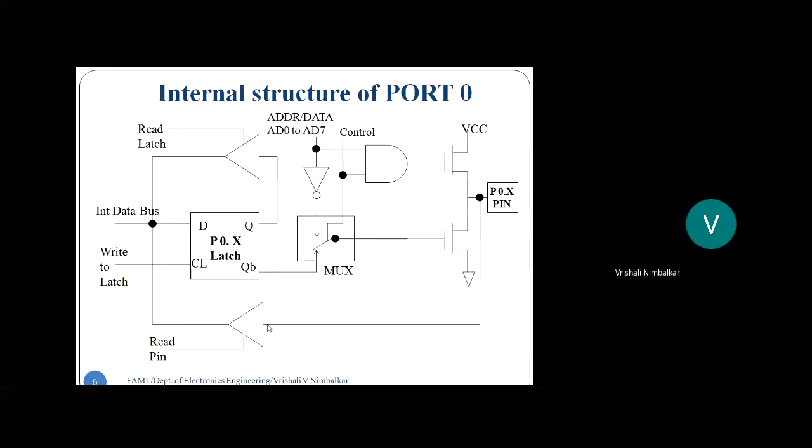There is one more buffer down there, that triangle. Who controls the on and off of this buffer? That's the read pin control signal. So you have two read signals, students. One control signal is read the latch and the other is read the pin. Are you getting the difference? This buffer's control signal is read the pin, and it is connected to that 40 pin, silver color pin.